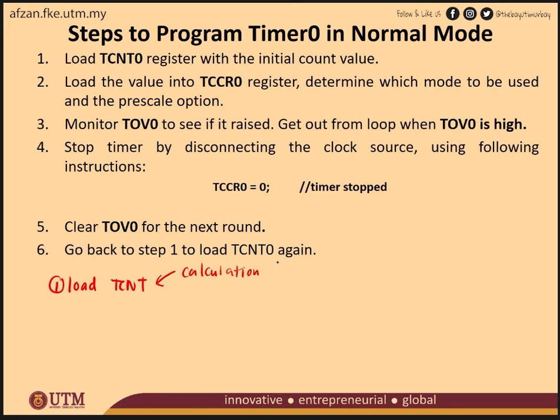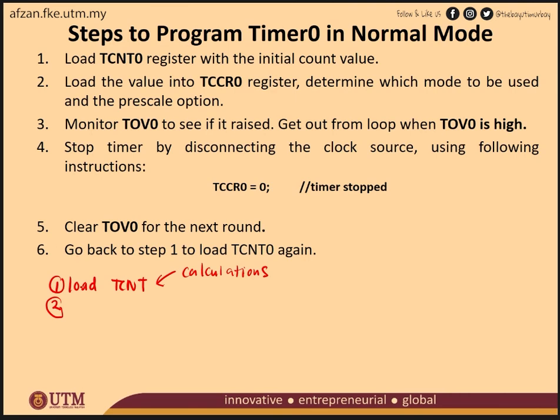Later we will see what calculation is involved in order to determine your TCNT value. Then for the timer programming, you just follow these steps, and insha'Allah you will know how to do the timer program.